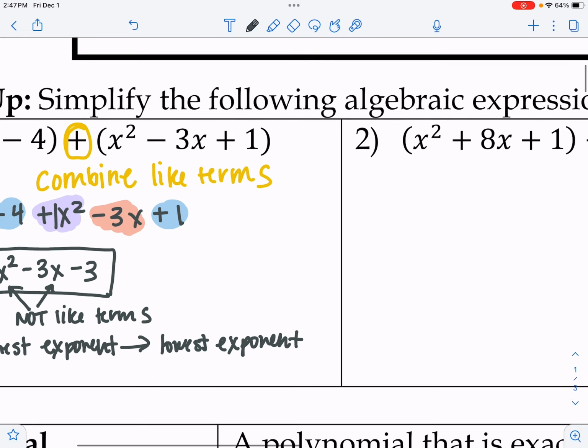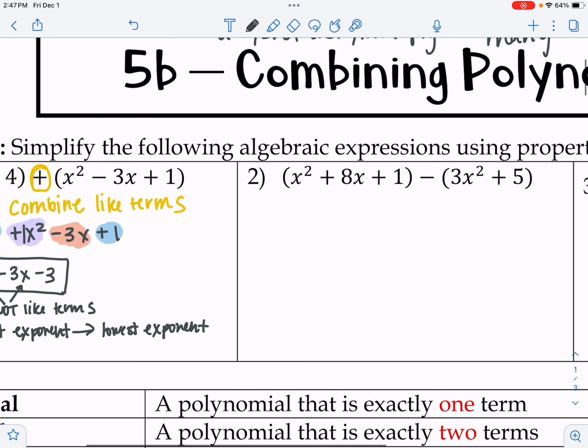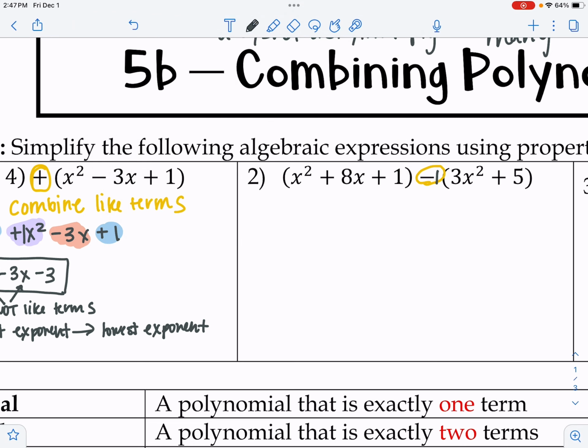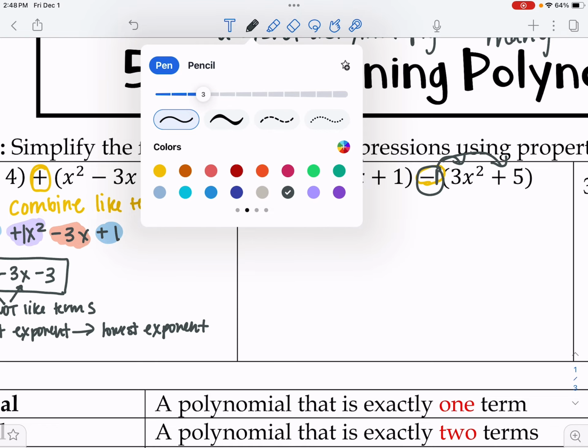Okay, this next one is similar, only now there's a minus sign. Okay, and so there's an added step, and that's to distribute. And so technically there's an invisible 1 here, and so we're going to distribute a -1 into the parentheses.